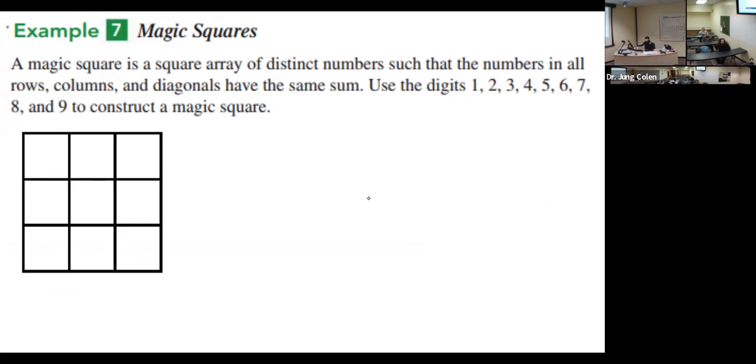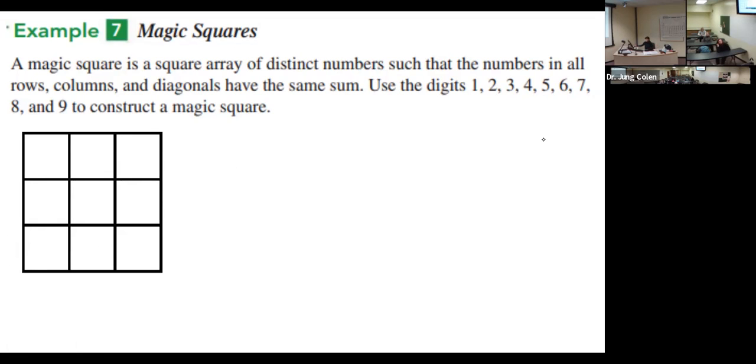Let me just quickly talk about these magic squares for you to solve the problem. So a magic square is when you are using all of these numbers 1 to 9, only once per square. And the sum for the columns and the horizontal rows or diagonal has to be equal.